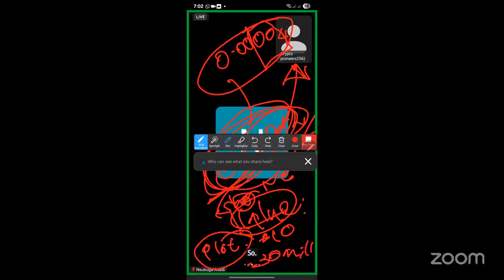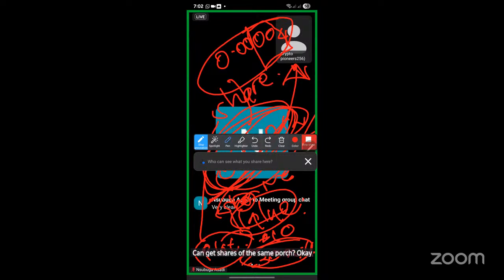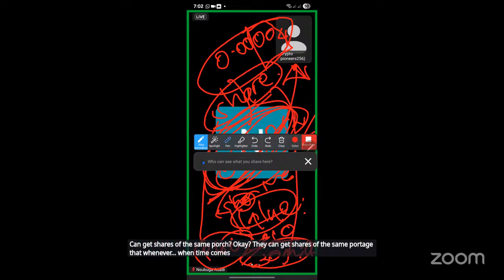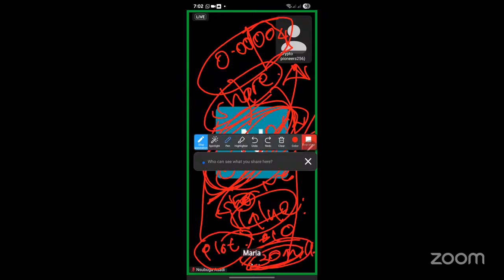So let me tokenize it such that my children can get shares of the same plot, so that when it is 30 million, Maria, Sheila, all my children can take shares of my land. That is tokenization. Simple, clear, precise.